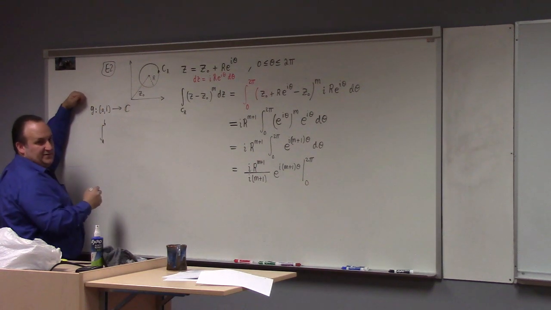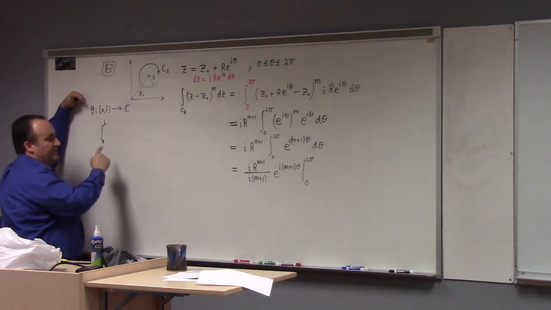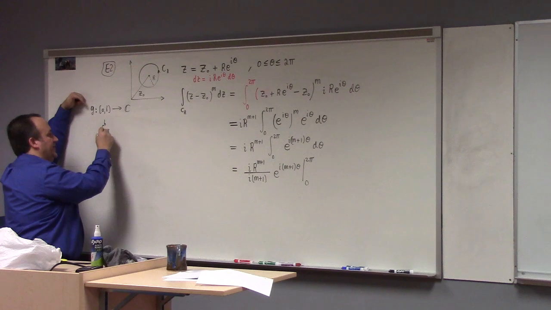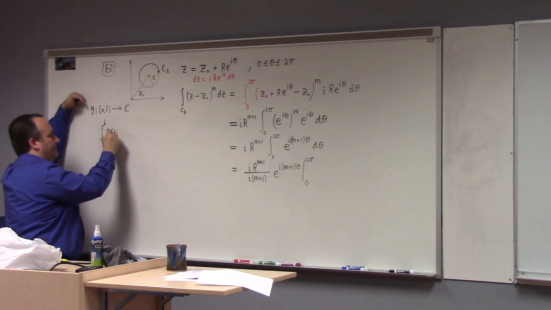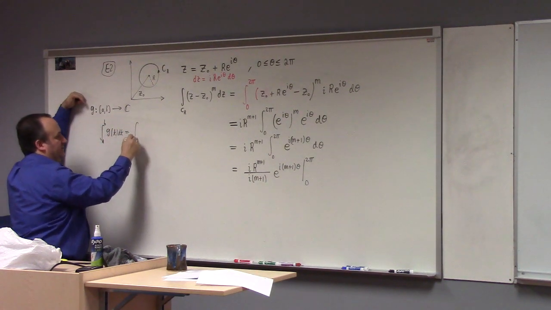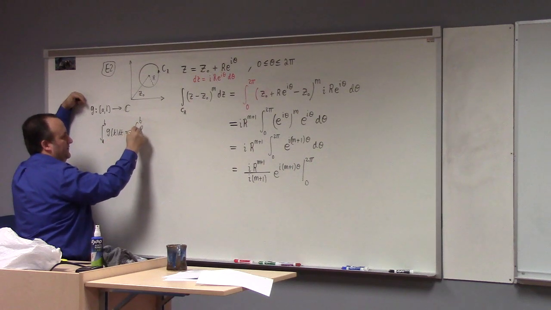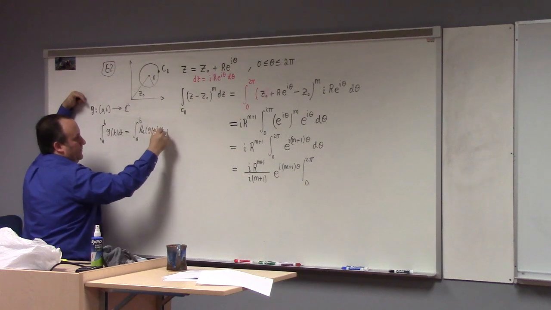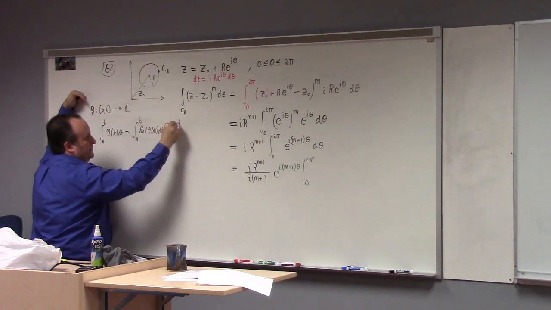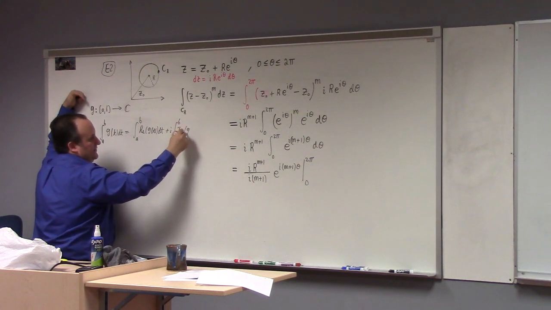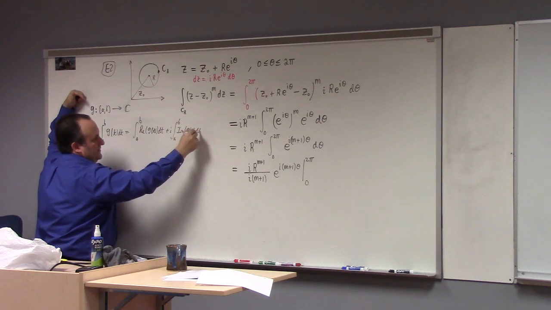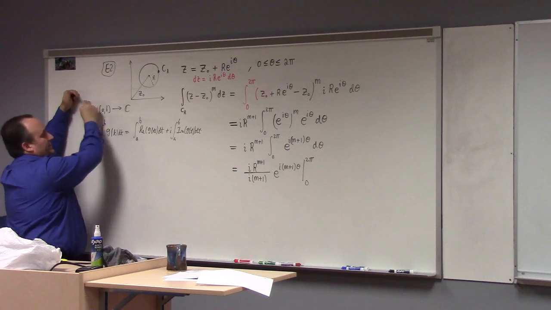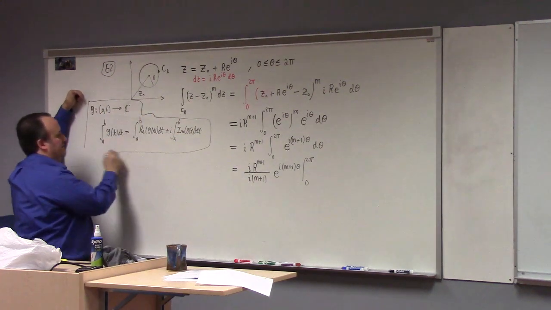So this is not a complex function of a complex variable. This is a complex valued function of a real variable. If I have that, I can rewrite that as the integral from a to b of the real part of g plus i times the integral from a to b of the imaginary part of g of t dt.